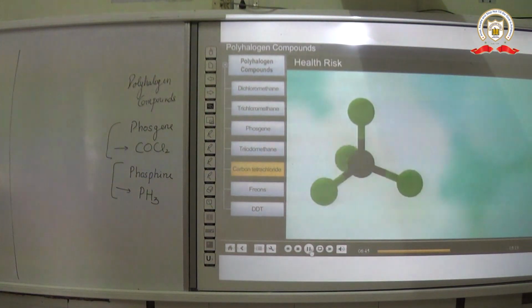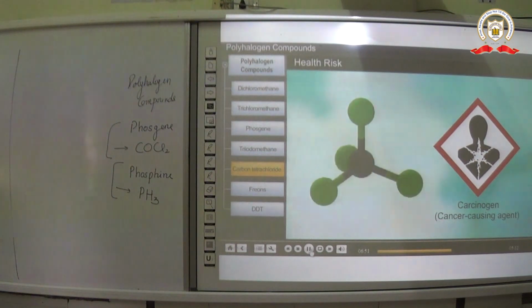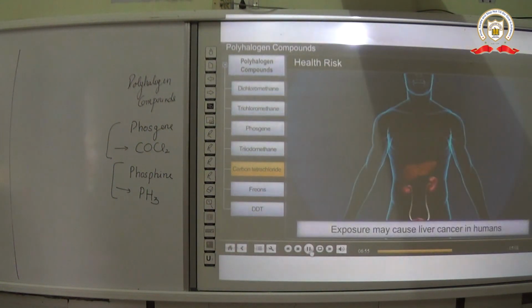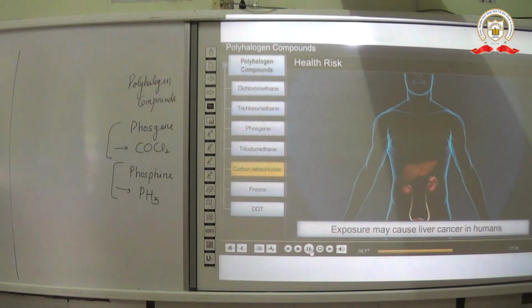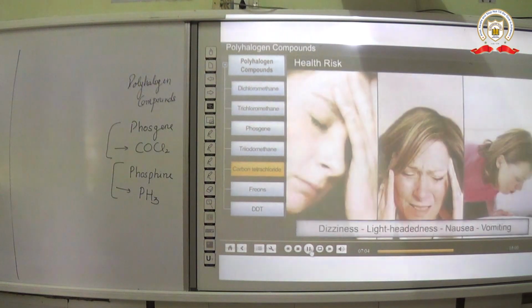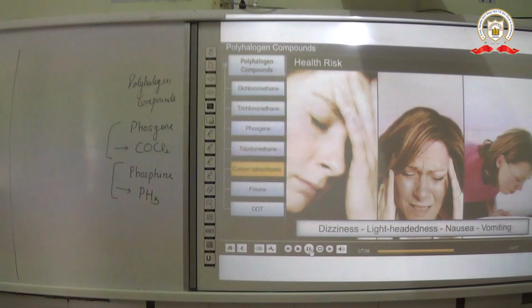The health risks associated with carbon tetrachloride are very serious, as the substance is a suspected carcinogen. Chronic exposure may cause liver cancer in humans. Kidney damage is also a risk. The side effects of exposure include dizziness, lightheadedness, nausea, and vomiting.